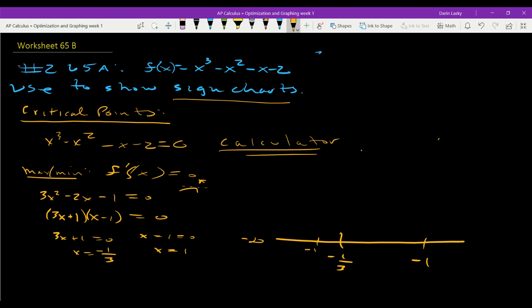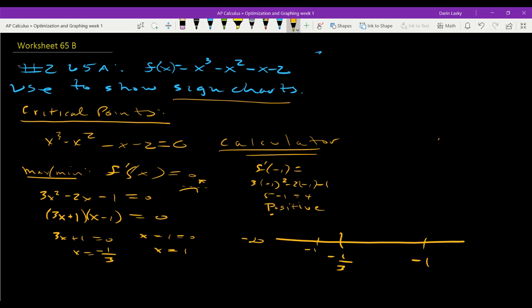So I'm going to say f prime of negative 1. If I plug negative 1 into f prime, I get 3 times negative 1 squared minus 2 times negative 1 minus 1. And that will give me a positive 3, a positive 2. So I get 5 minus 1, which is 4. So my value here, anywhere on this side, is a positive. A positive what?